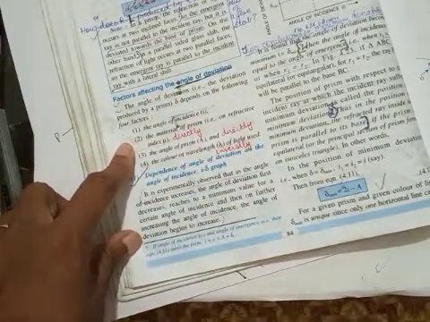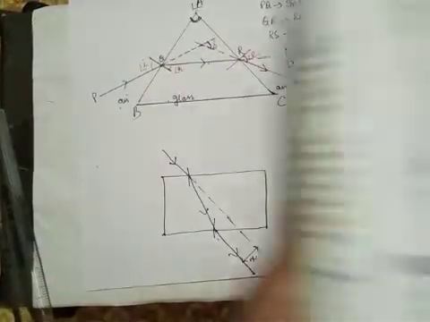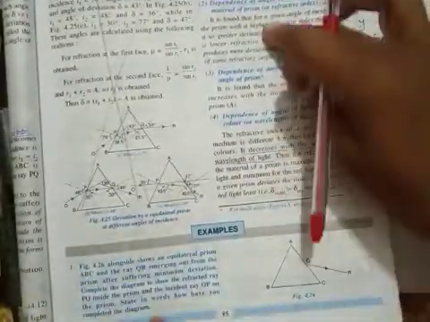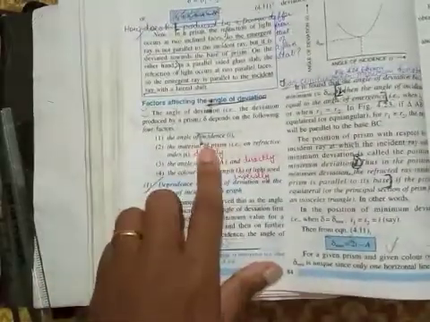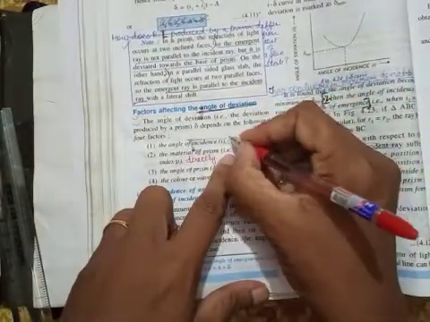If you want to know the explanations, usually they don't ask for the explanation, but you can go through this. Now, with angle of incidence, it's both direct and inverse.